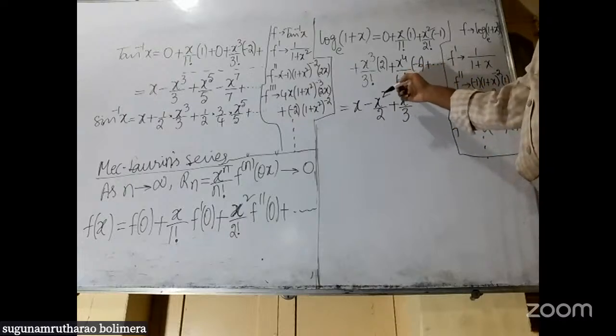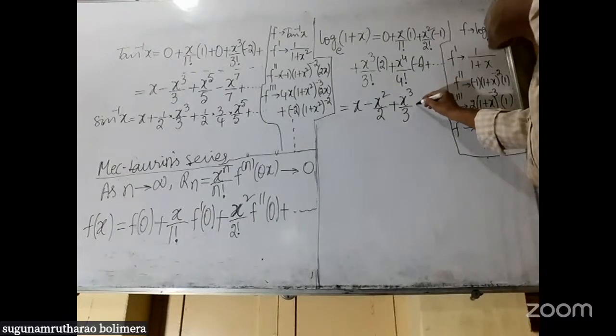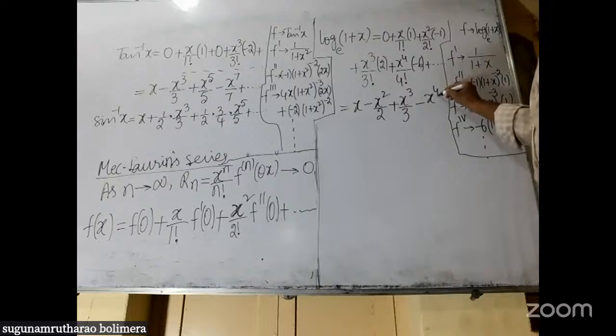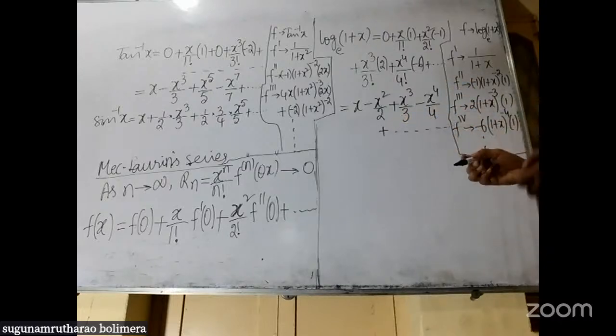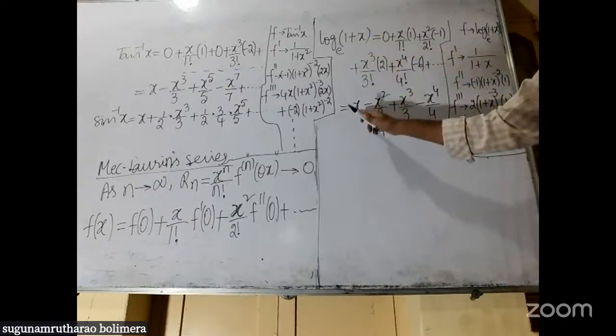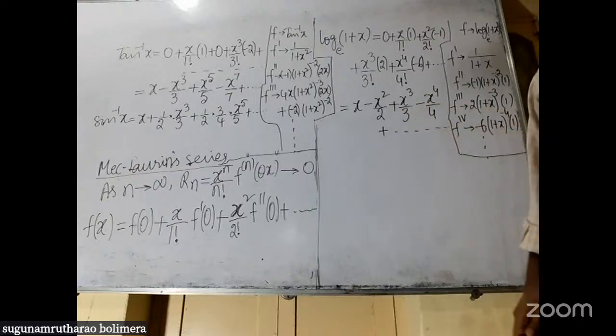Here 6 and 3 into 2 will get cancelled, so you are getting only 4: minus x power 4 by 4 plus and so on. Please note down this: for log of 1 plus x, alternately you will get plus and minus and so on.